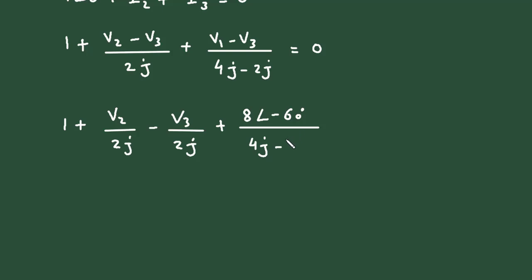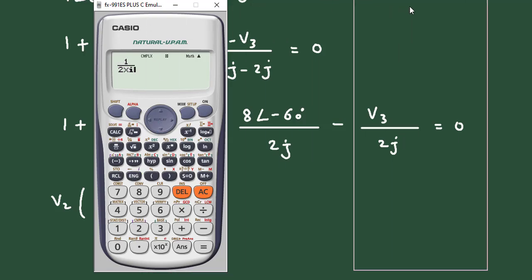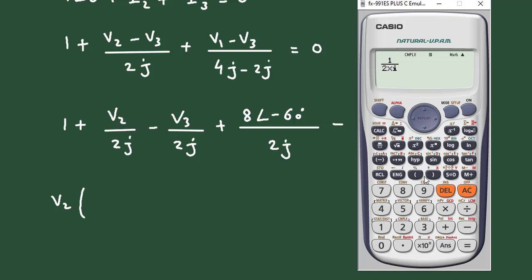So 4j minus 2j is simply 2j minus V3 divided by 2j is equal to 0. So now this will be V2 in bracket 1 upon 2j. 1 upon 2j is minus 0.5j.